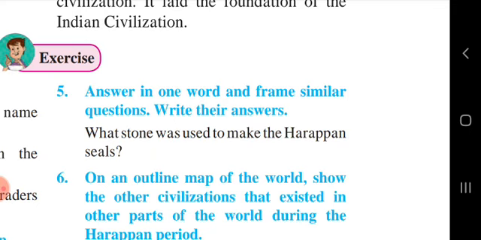I'll give you one or two examples. Name the place situated to the south of Harappa in the Indus Valley. The answer is Mohenjo-daro. Third one, by what other name is the Harappan civilization known?